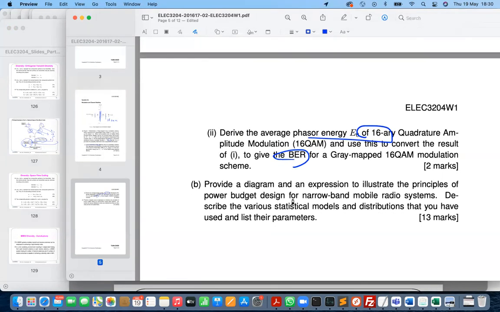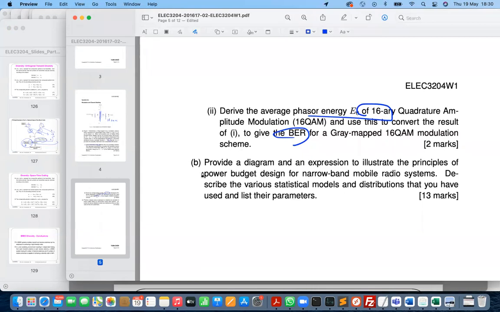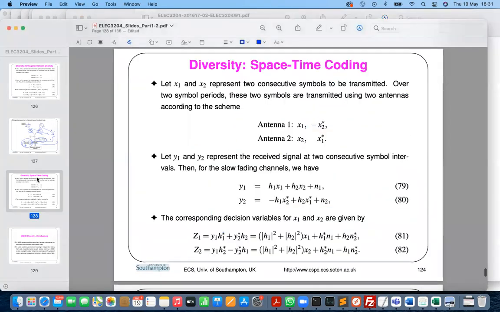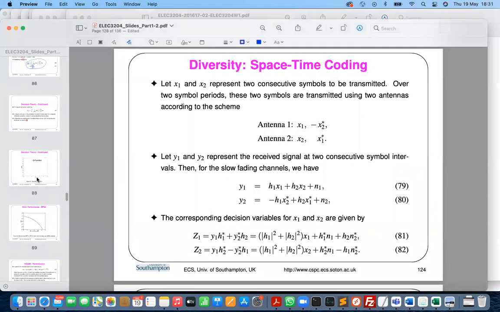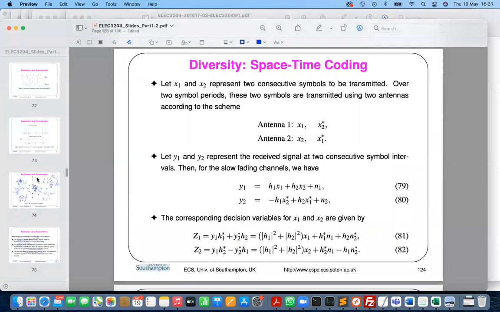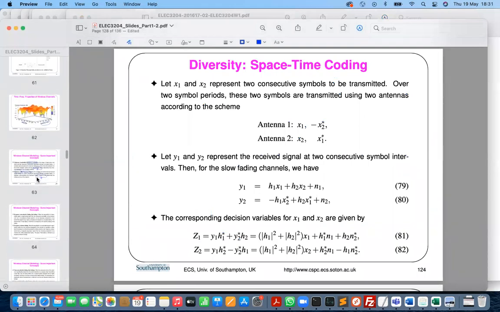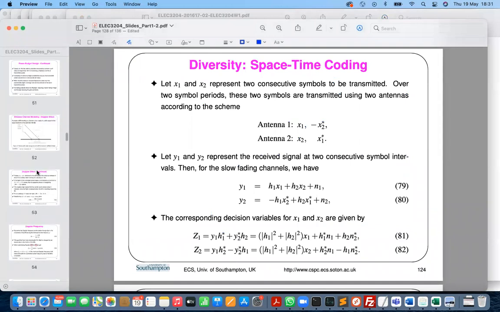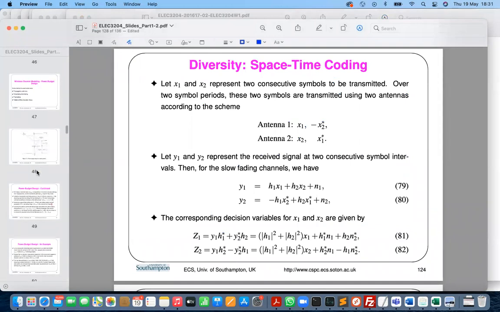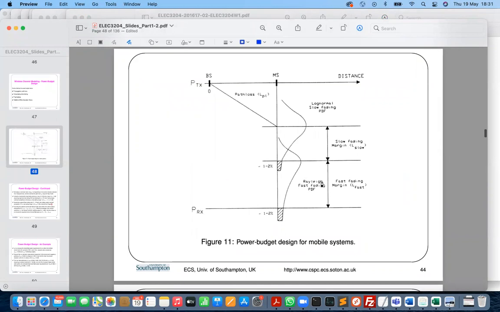The last question here is you need to draw a diagram to illustrate power budget design. So this one is on page 44, I think, of the slides. So this is the diagram that you are expected to draw.